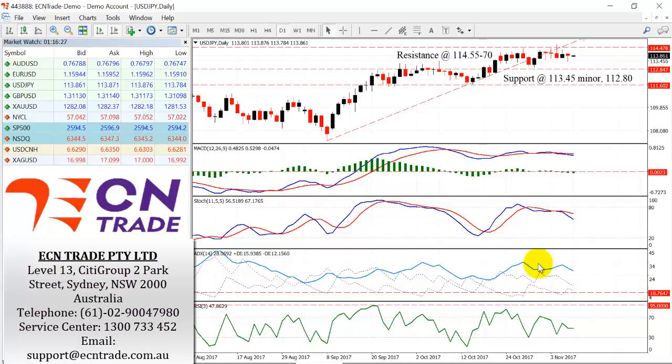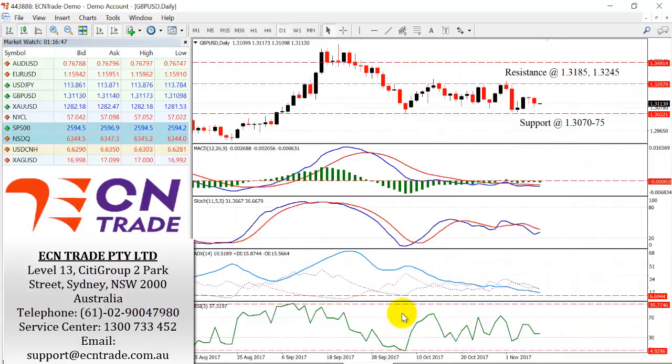Now, from the technical strategy today, it is still buying on dips towards 112.80, as I feel the market will eventually turn around from this bearish pattern and look back up towards the top side and eventually take out 114.5 to 70 and look up towards 116, but look for the pullback first before the rally.